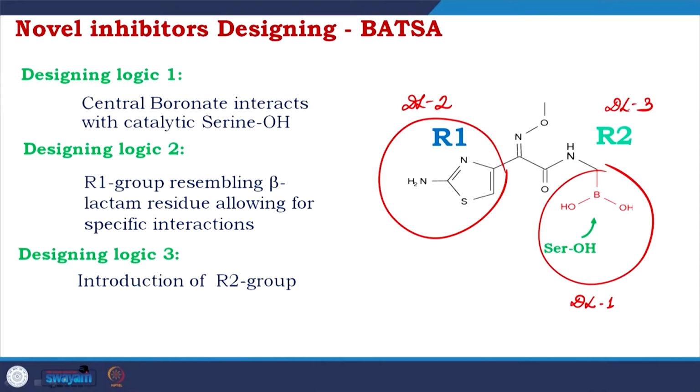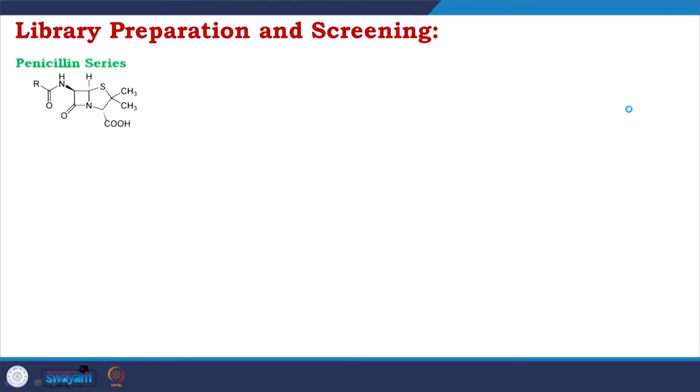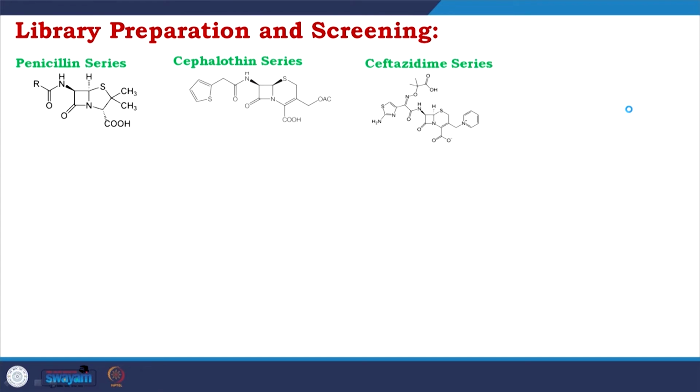So, these are designing logics 1, 2 and 3: introducing the central boronate, the R1 group which is already tested, marketed, approved beta lactams, the best moiety of theirs, and designing logic 3 is to introduce anything here. We take, as I told, the penicillin series, cephalothin series, ceftazidime series and cefoperazone series. So, these are the moieties we have taken. By taking these moieties, we do the changes we talked about, and that helps us.